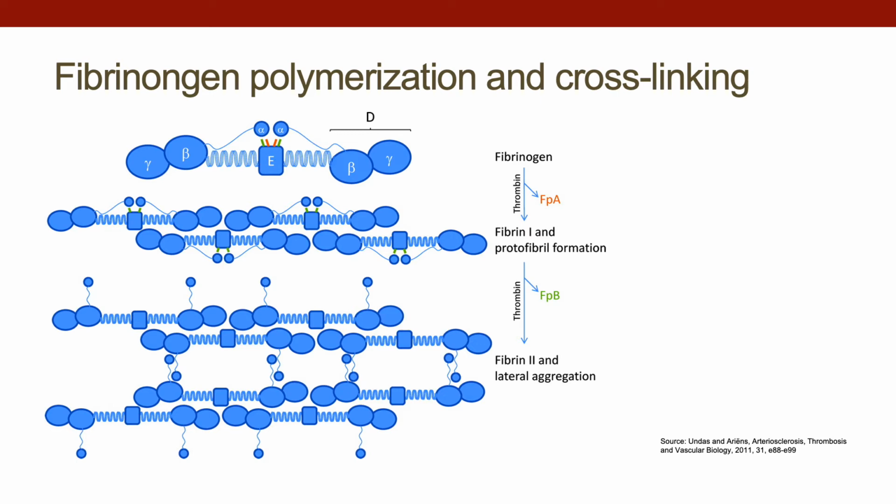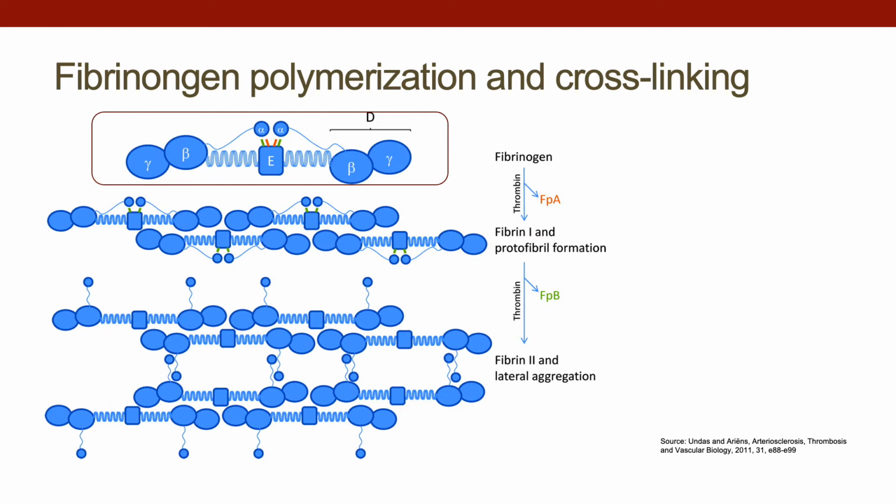Now to look at what fibrinogen and fibrin are doing, this is fibrinogen. It has 6 subunits, 2 each of alpha, beta, and gamma, and it has this long rod-like structure where all 3 subunits form a triple helix to make the rod part.